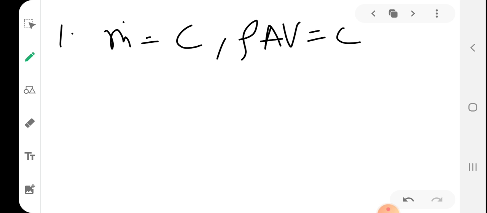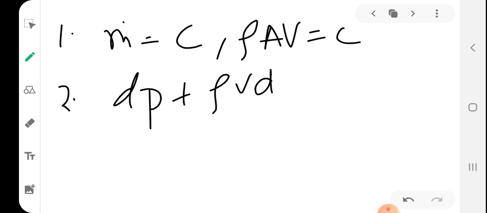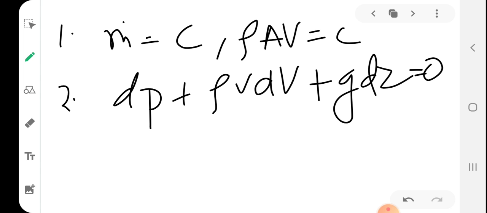Second, for the conservation of momentum, you have already studied Euler's equation: dp plus rho V dV plus g dz equal to 0. If the two sections are at the same height from the datum, dz can be neglected. So dp plus rho V dV equal to 0.